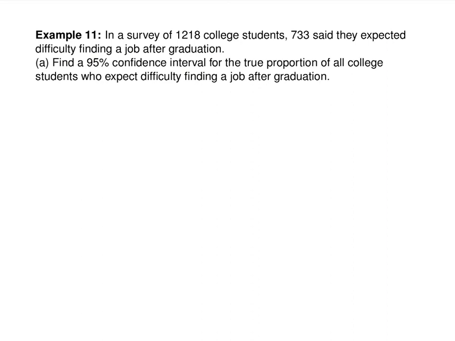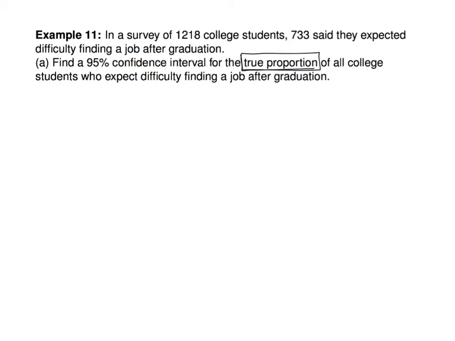Okay. In a survey of 1,218 college students, 733 said that they expected difficulty finding a job after graduation. Find a 95% confidence interval for the true proportion of all college students who expect difficulty finding a job after graduation.